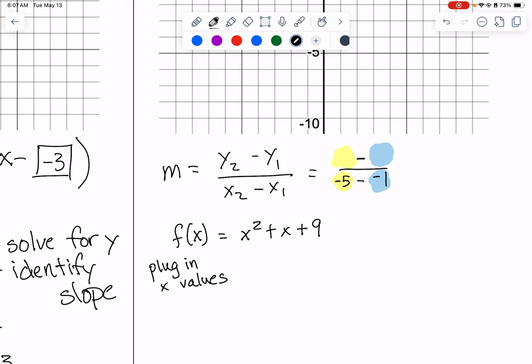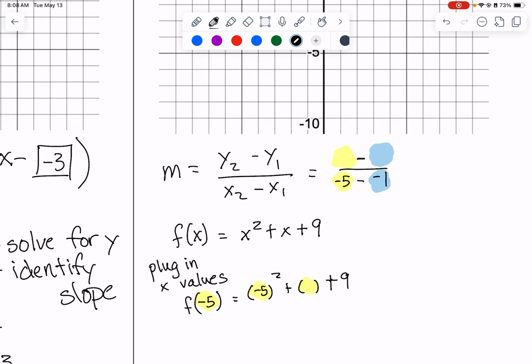And the way that you notate that or write that is by showing that number plugged into the parentheses. So if I plug in -5, I need to replace each of these x's with -5. So this -5 that I'm plugging in here is going to get plugged in to those x values.